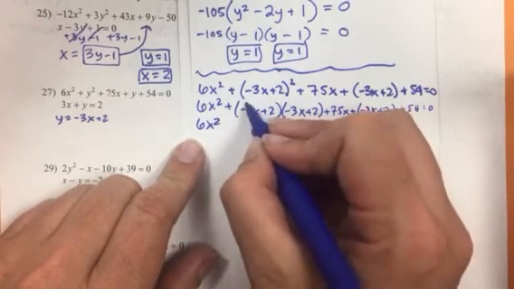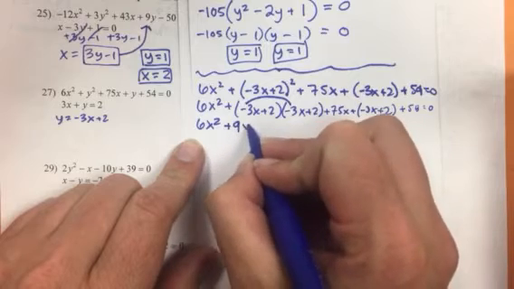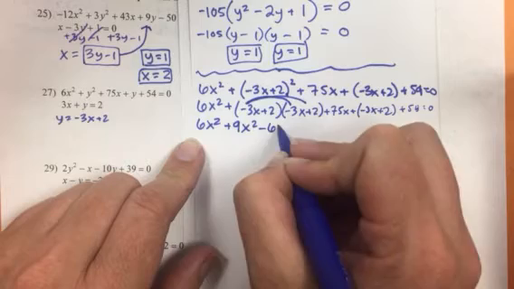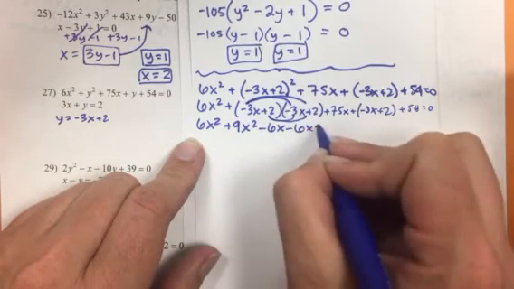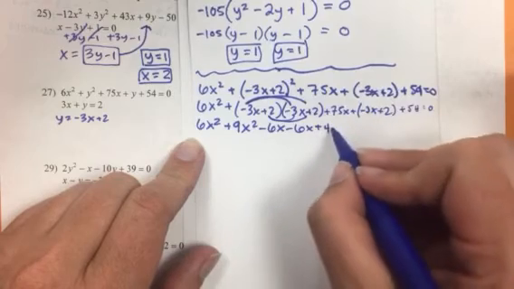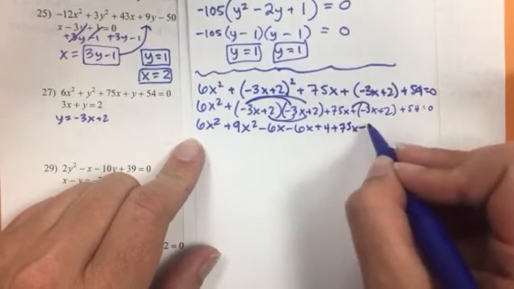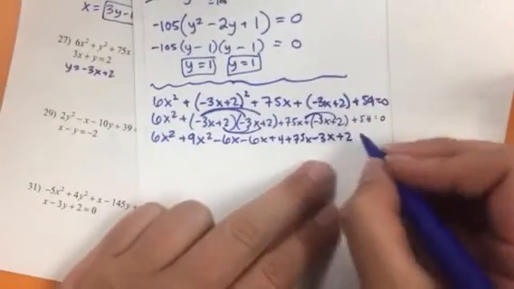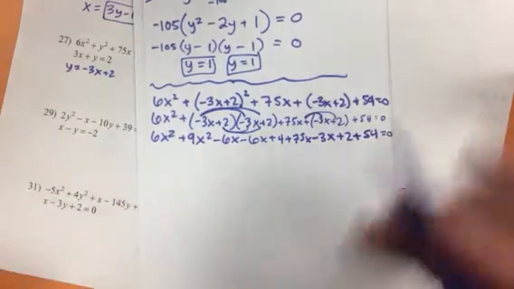I distribute. Negative 3 and negative 3 make a positive 9x squared. Negative 3 and positive 2 make a negative 6x, minus 6x plus 4, plus 75x minus 3x plus 2 plus 54 equals 0.